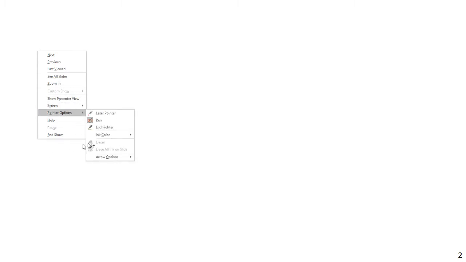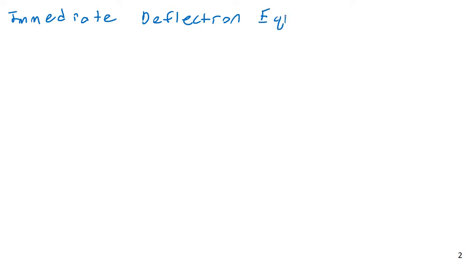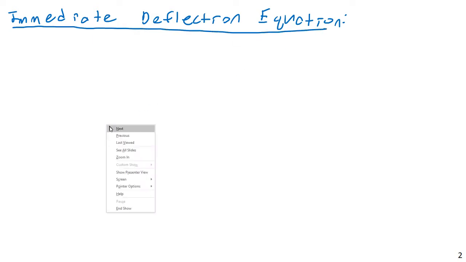So immediate deflection is going to be a function of 4 things. The immediate deflection equation: in order to find deflection, we need 4 things.